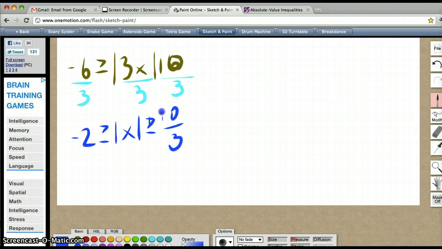Okay? So what this is saying is that x is somewhere between a negative 2 and 10 thirds.